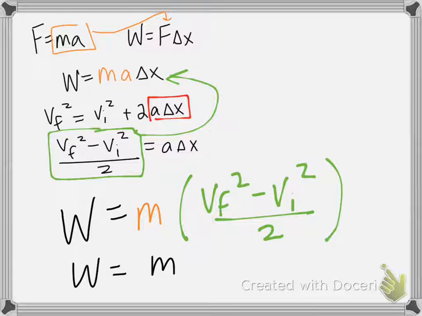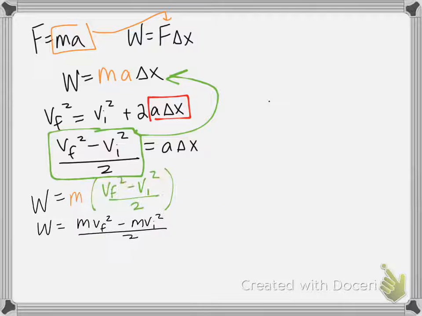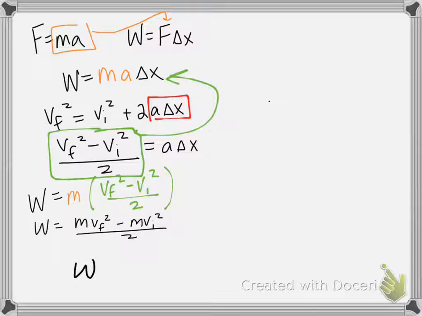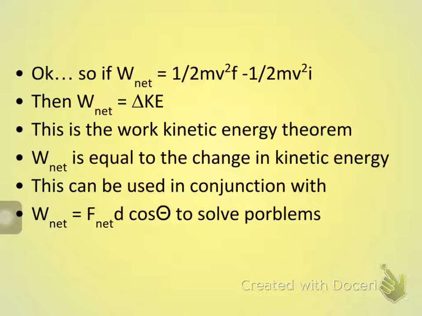W equals mVf squared minus mVi squared, all divided by 2, which means, of course, that we are multiplying them each by 1/2. 1/2 mVf squared minus 1/2 mVi squared. So the work is equal to its final kinetic energy minus its initial kinetic energy.